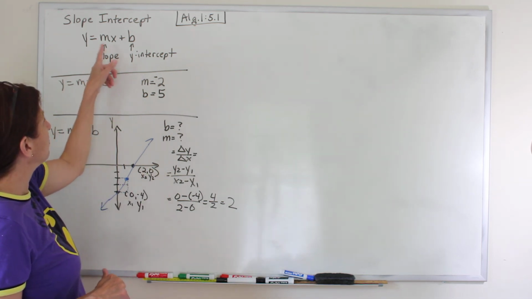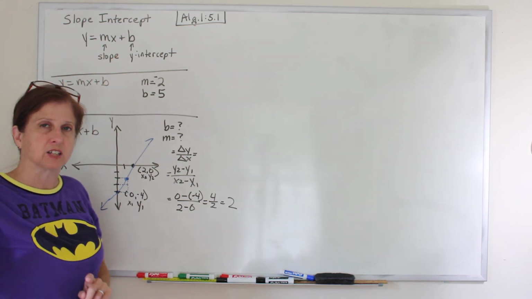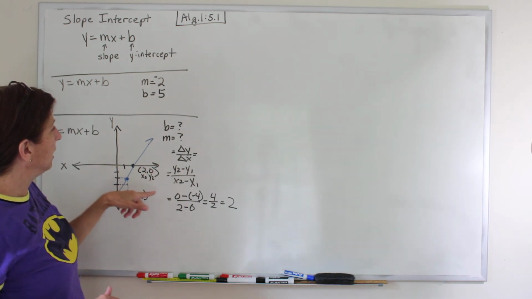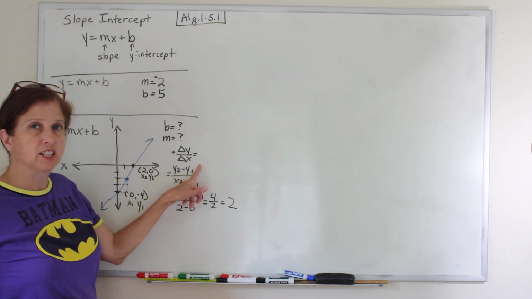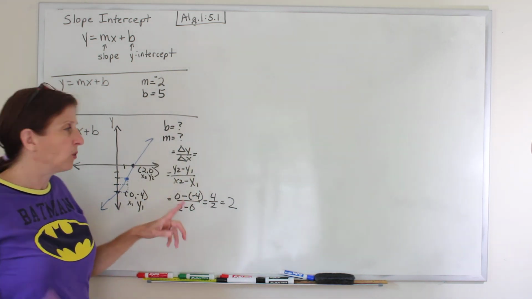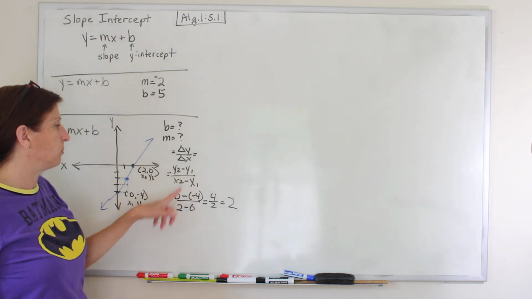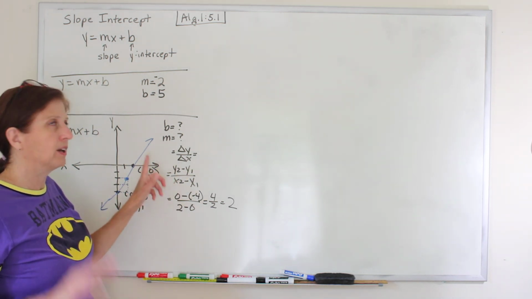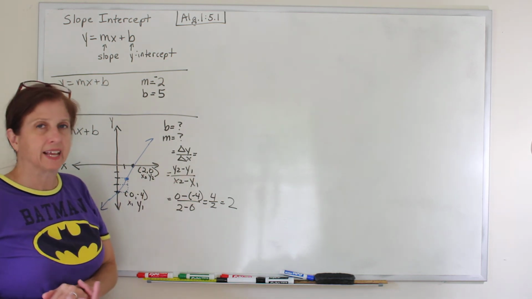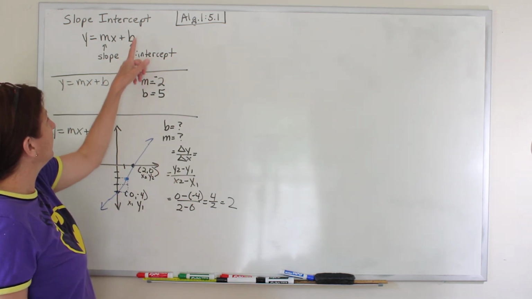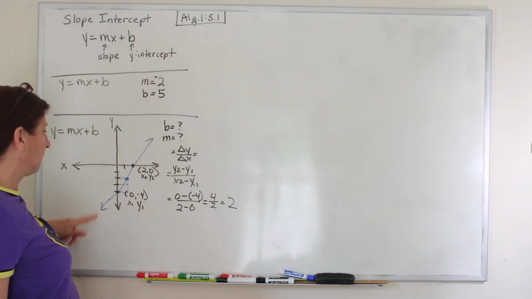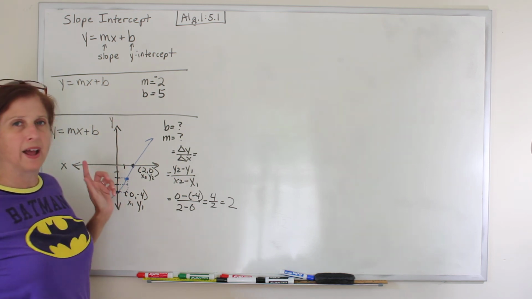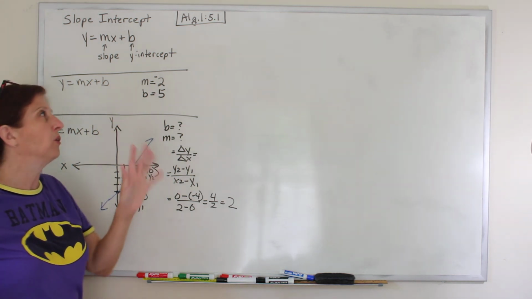And the slope tells how much the line goes up and over. It's change in y over change in x, rise over run, or y2 minus y1 over x2 minus x1. Okay? And then the y-intercept is where the line runs into the y-axis. Alright, just to review all of those things.